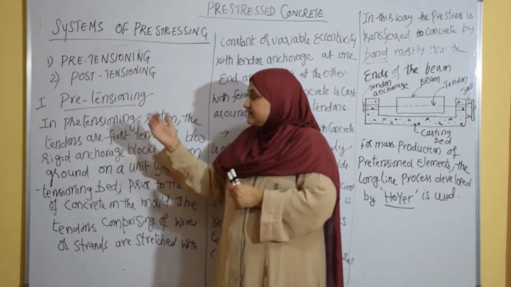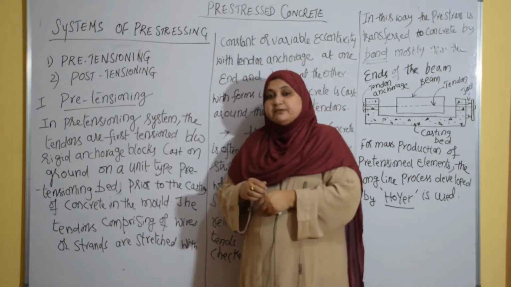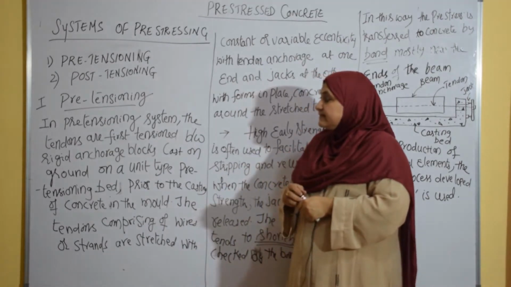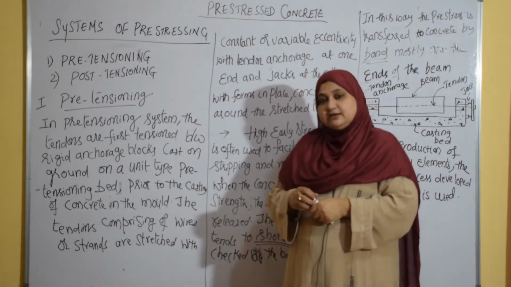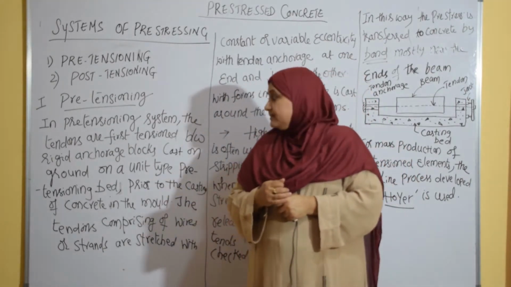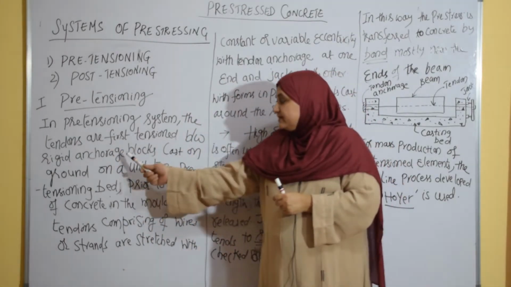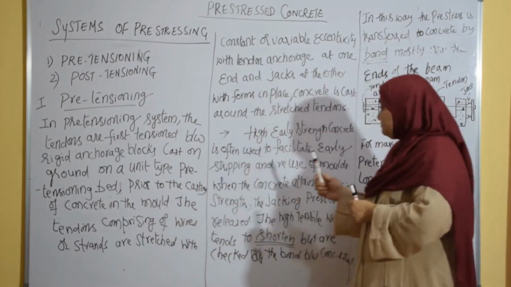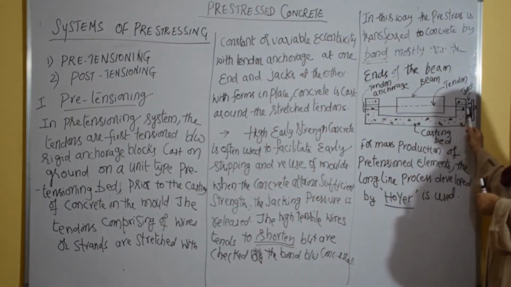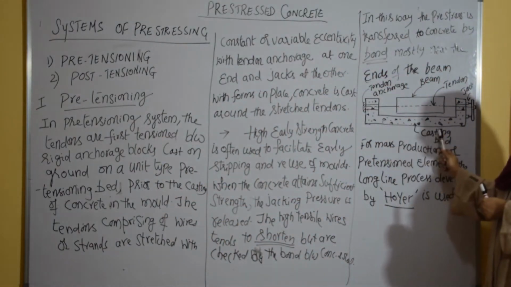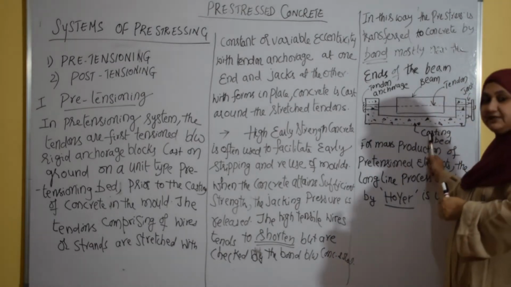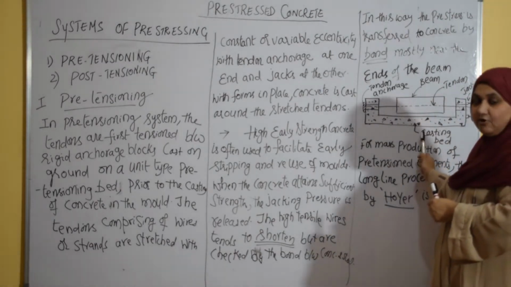Let me go into the detail about this. In the pre-tensioning system, the tendons are first tensioned between rigid anchorage blocks. This is the figure representing the pre-tensioning process of a beam.